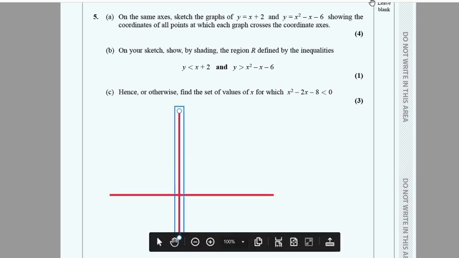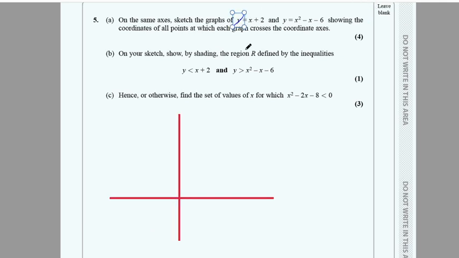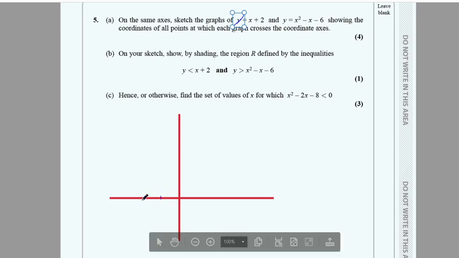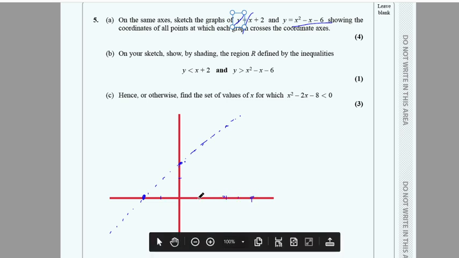So for this straight line, at y is 0, x is minus 2. For the y-axis, x is 0, y is plus 2. So that's the line. And for this one, 3 and minus 2. So minus 2 and 1, 2, 3. And it's a happy face.